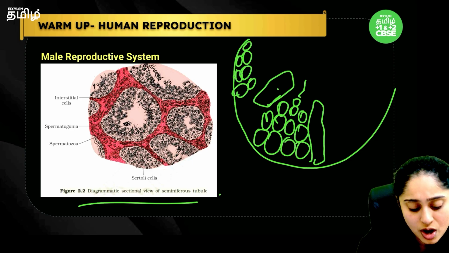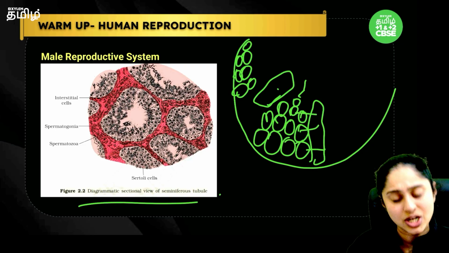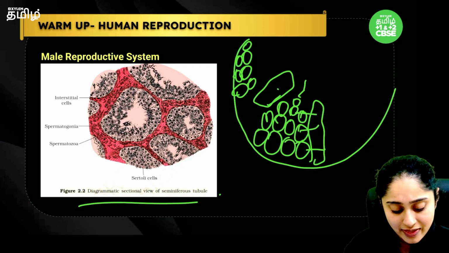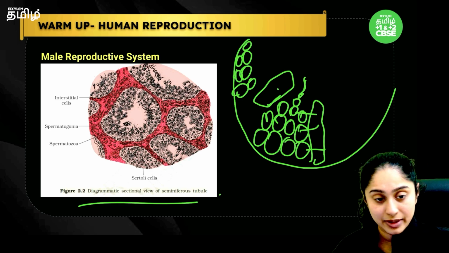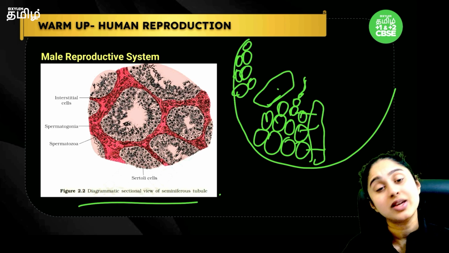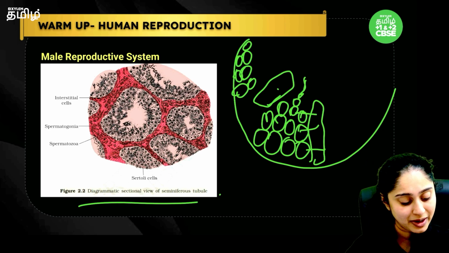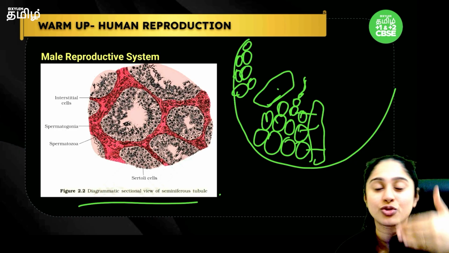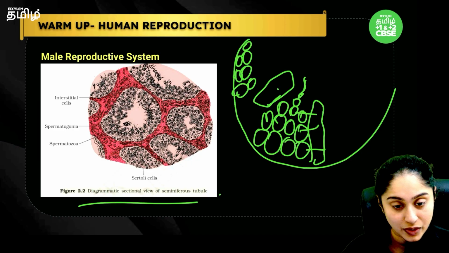If you draw that much, it is more than enough, and you can label each stage of spermatogenesis in case it is asked, up until the sperm. Okay, so this diagram also is important from your exam perspective, but too much labeling they might not ask, because this is too much of a sectional microscopic view.